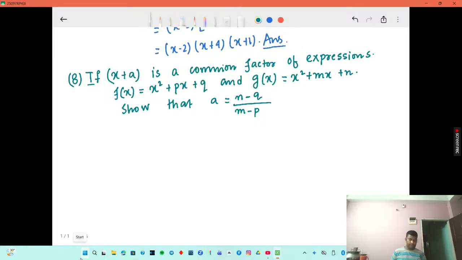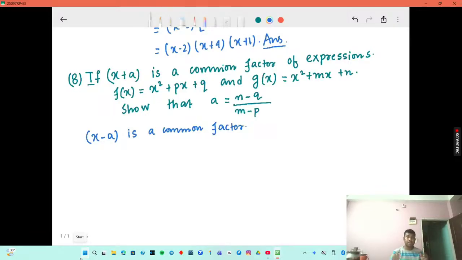So here you can see that x minus a, x minus a is a common factor. Is it clear to you? So now can you tell me what is the property of a factor?